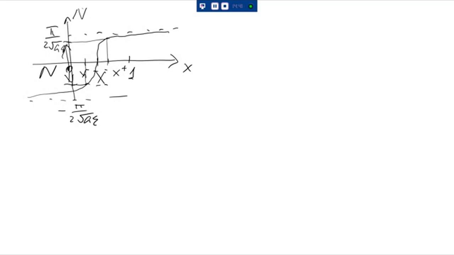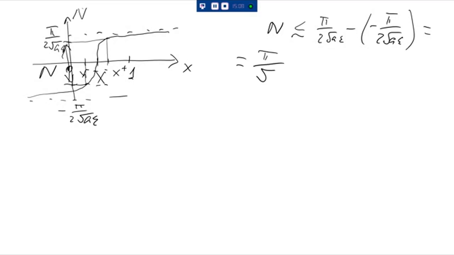But we can estimate this n. Well, it is less, not too much less, than the distance between pi over 2 times square root of a epsilon and minus pi over 2 times square root of a epsilon. So this is pi over square root of a times epsilon.